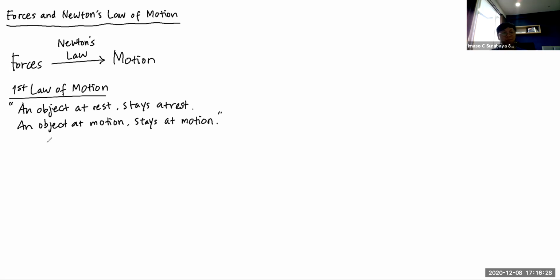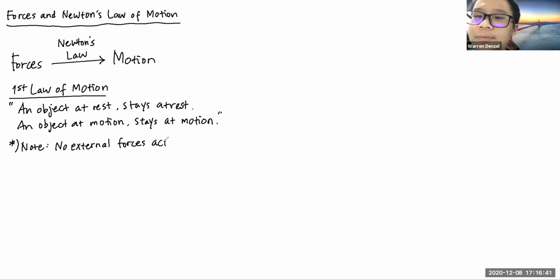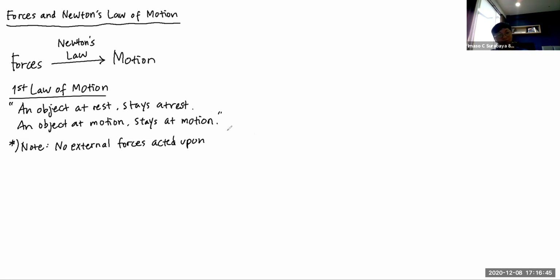But there's actually a little bit of a note here. The note is that no external force is applied, or acted upon. This basically means that if we don't do anything to that thing, it will stay the same.